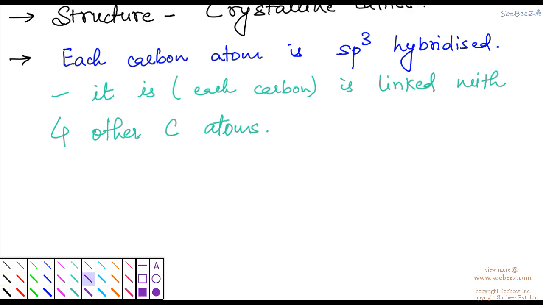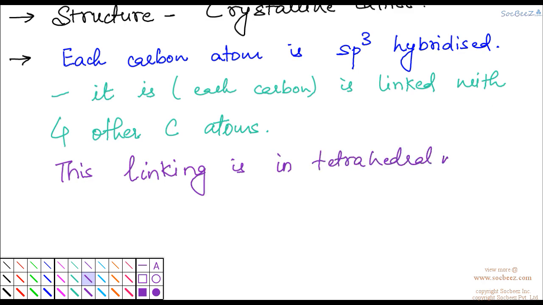Now this linking is in a tetrahedral manner. That means there is a carbon over here, a carbon over here, a carbon here, and the angle is 109 degrees 28 minutes.